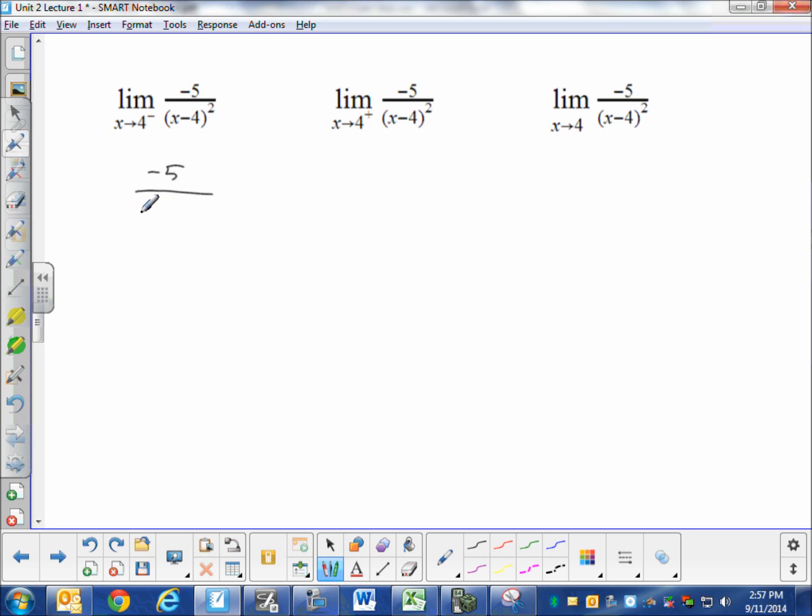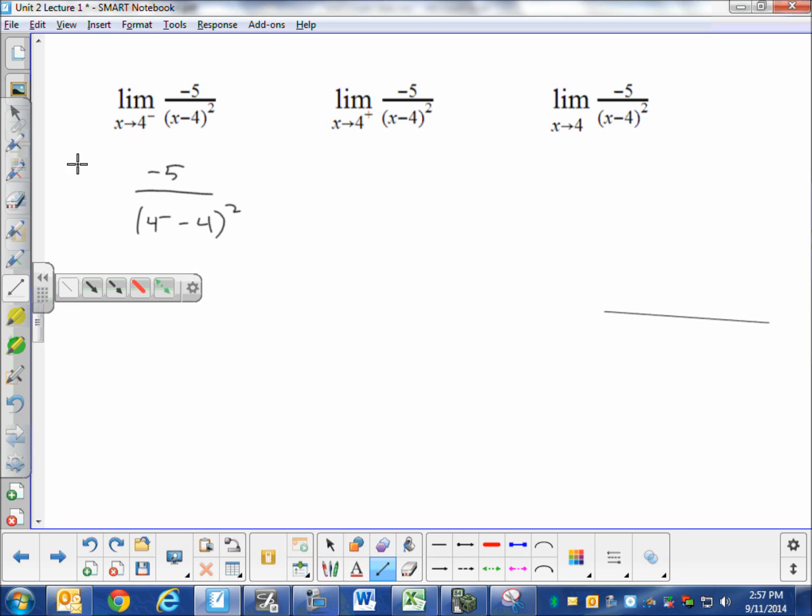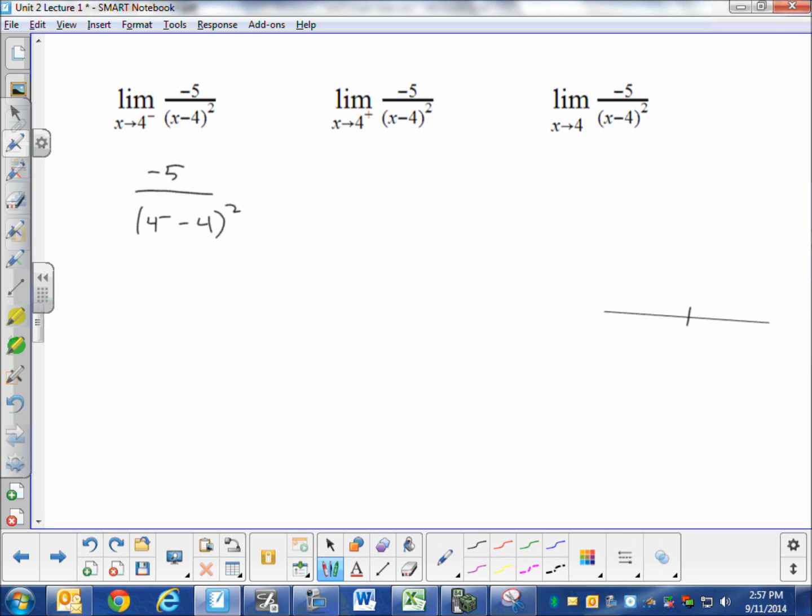So I'm thinking -5 over a value to the left of 4 minus 4, squared. In my mind, I'm thinking 3.999. So you're looking at a number line, and this is 4, to the left of 4 right here. That'd be like 3.9 repeated.